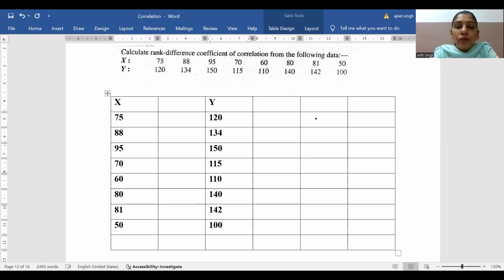First we have to assign the rank to the given series.